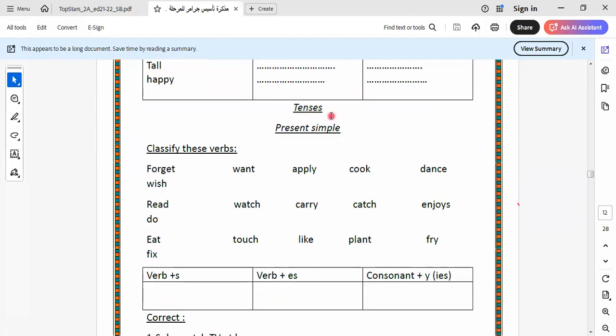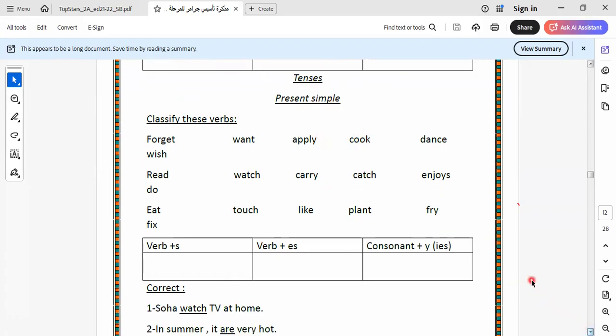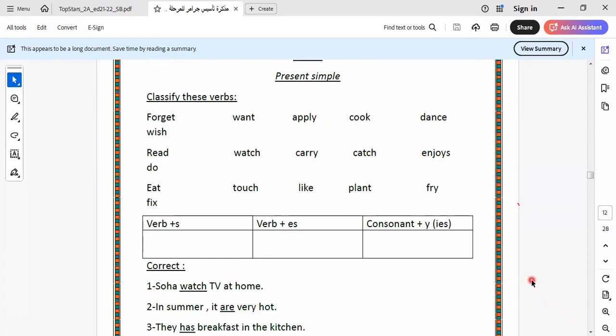Okay, let's continue the rest of the unit. Today we are going to learn more about tenses. In this part, we talk about the present simple tense. In the academic year, we learned the present simple tense, when we use it, and its definition. The present simple tense describes two things.